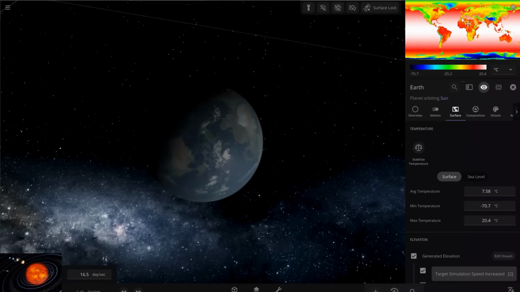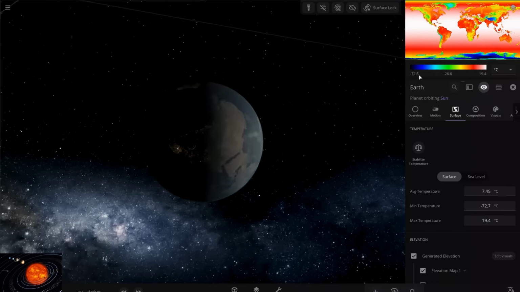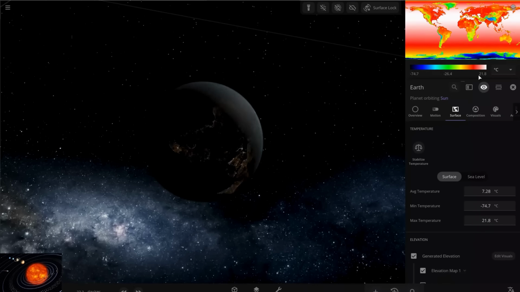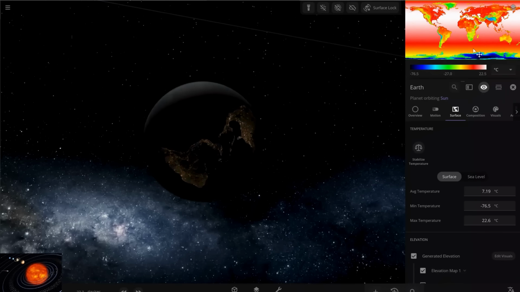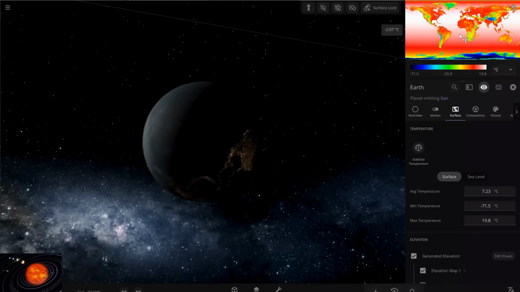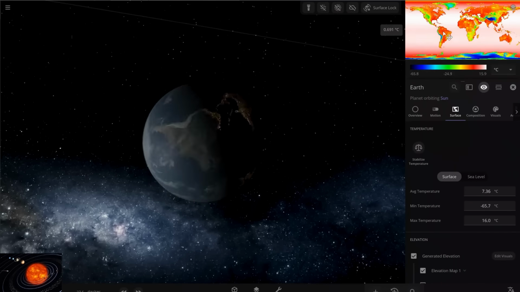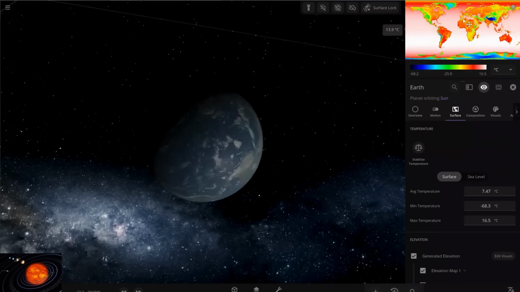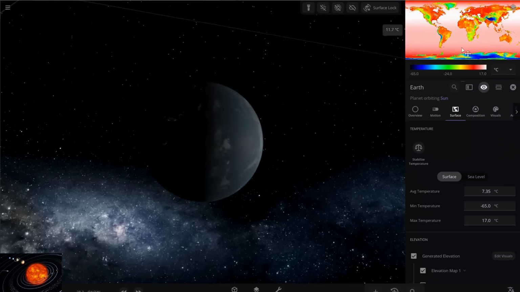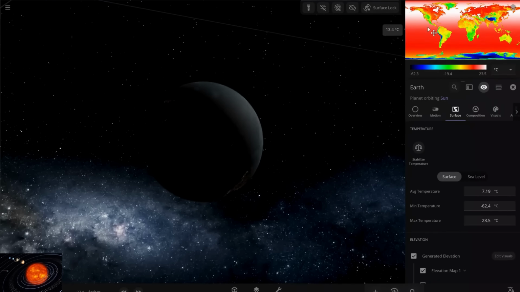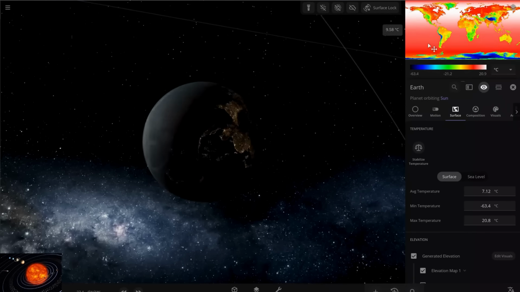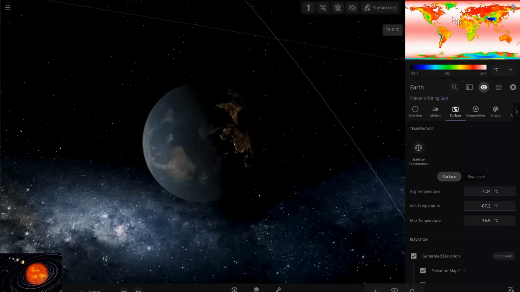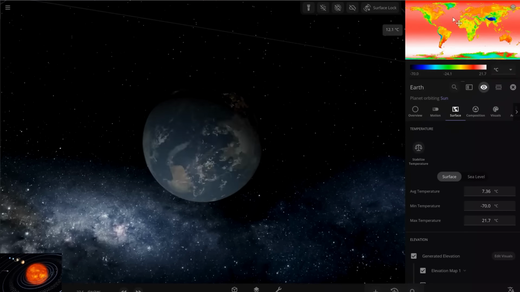So as you can see, there is not a lot of difference in the temperature of the whole surface of the Earth, but the temperatures of different places would be different. This is much different from the ordinary situation which we are living in. As you can see, the hot parts and cold parts of the Earth are being changed.